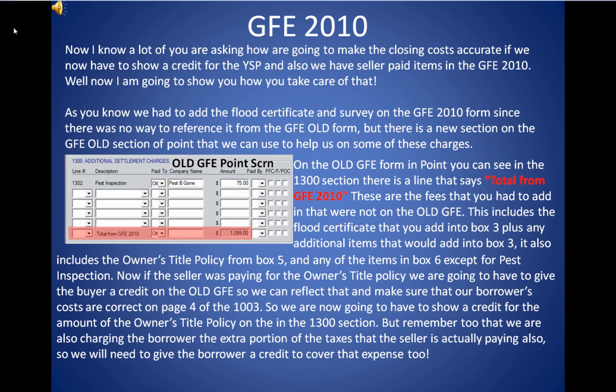So what we're going to have to do is figure out which parts we have to give a credit for. Because this amount includes the seller paid items that we had to include on the GFE 2010 to stay in compliance. For instance, the transfer taxes and the owner title policy.